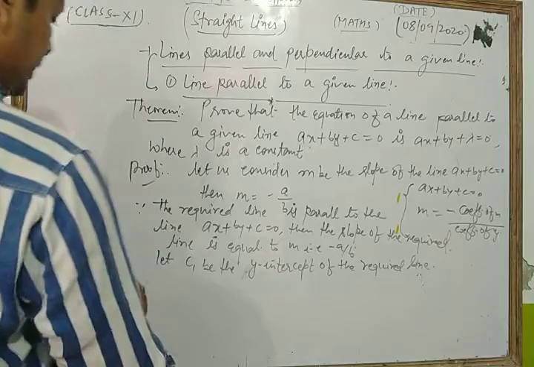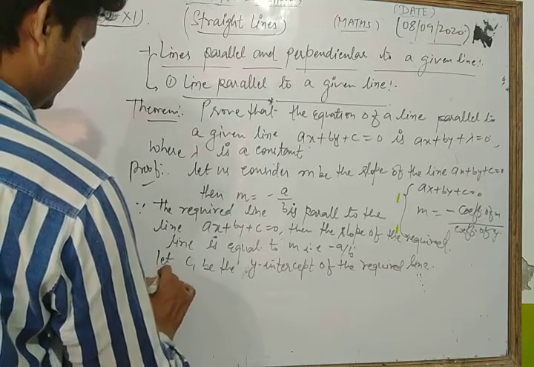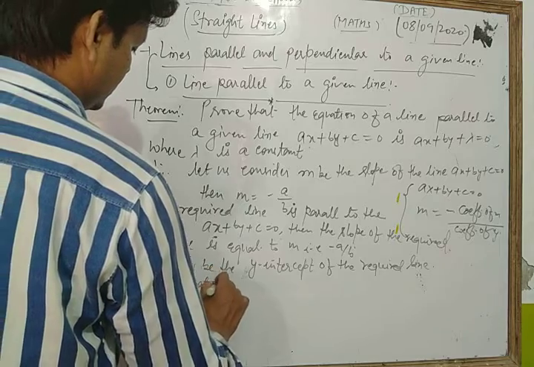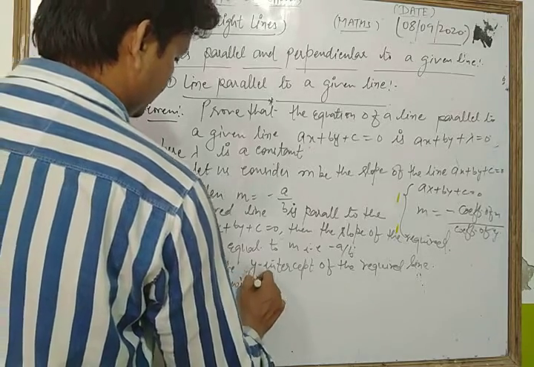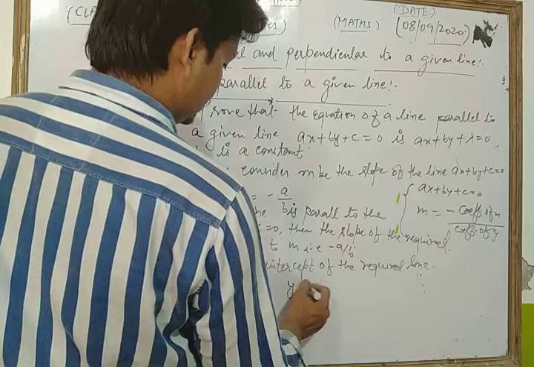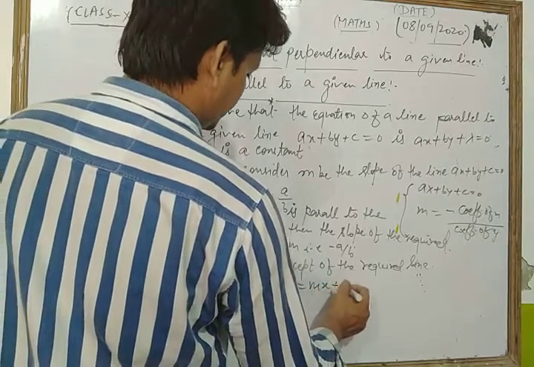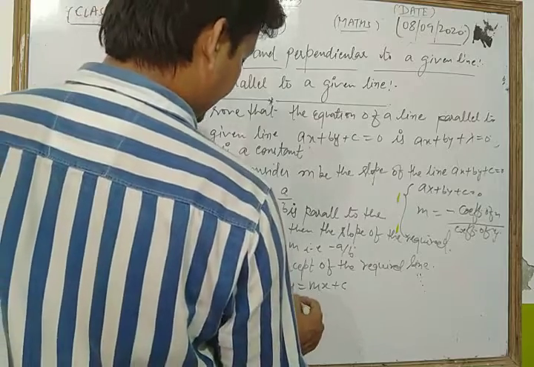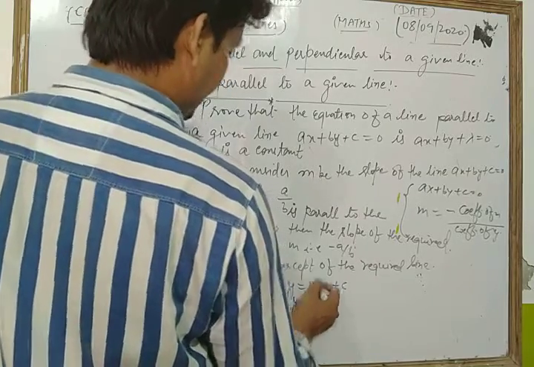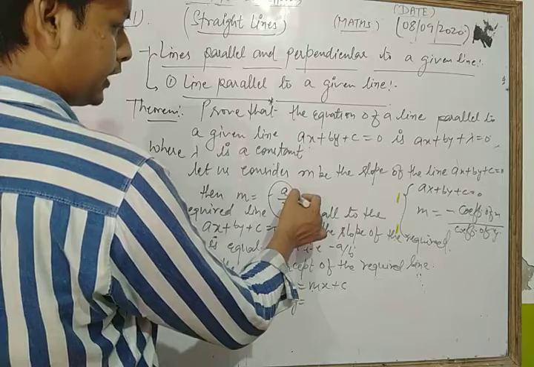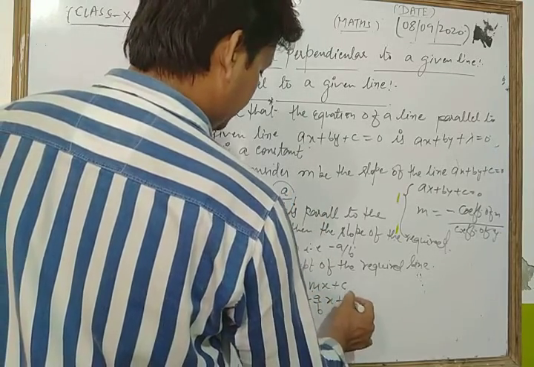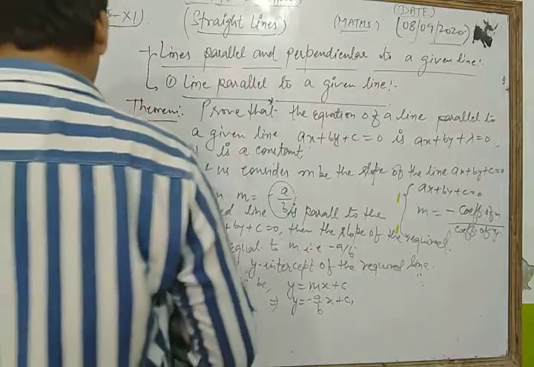Then its equation will be, you know that y is equal to mx plus c. So here, dear student, we put y is equal to m, where m is the same as the slope of the given line, that is minus a upon b, into x, and here we put c1. Now after solving them, let's see.